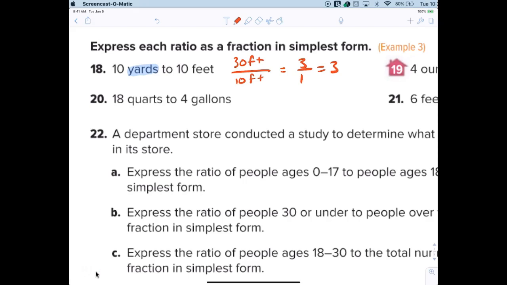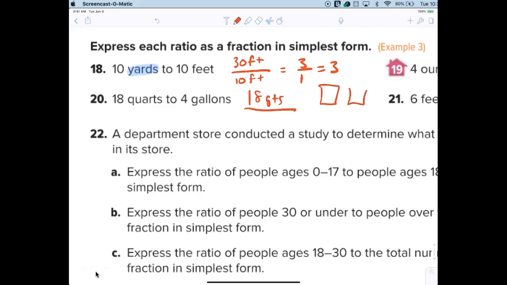All right, Grace, tell me about gallons and quarts. Do you remember? How many quarts in a gallon? I think it's like 4. Yes, it is. So if you have 4 gallons, you have what? I'm going to draw a gallon again.